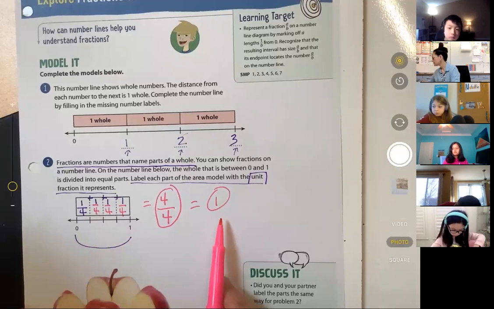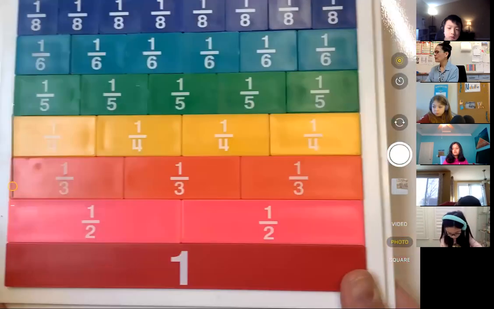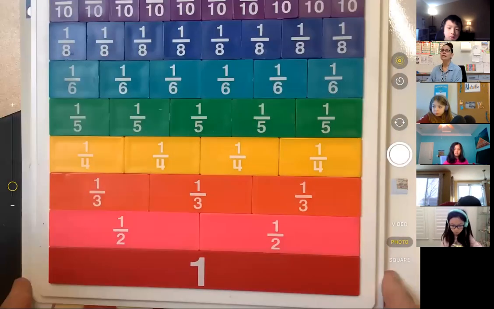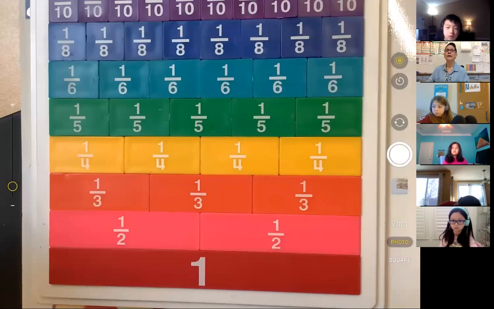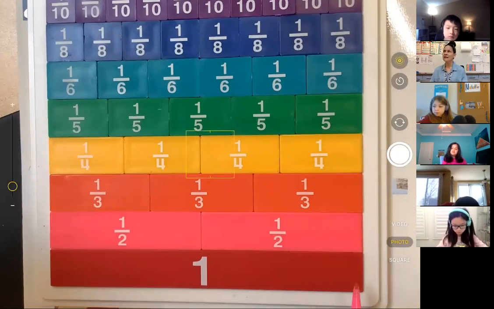Let's take a look at this in another way. I'm going to bring back my fraction tiles, and I want you to take a look at the yellow. Seems appropriate for spring, yes? We're going to pretend that this long red bar down here, this 1, is our number line.